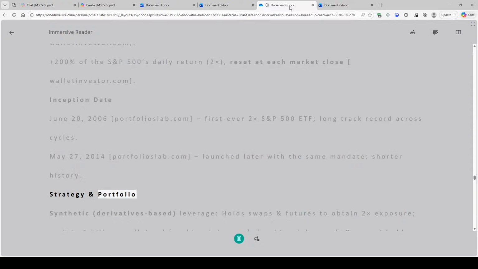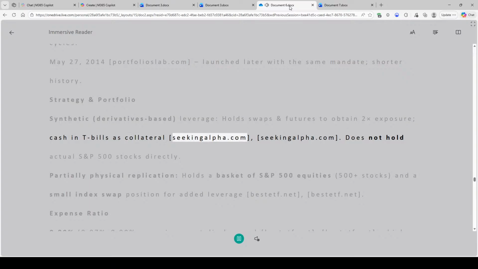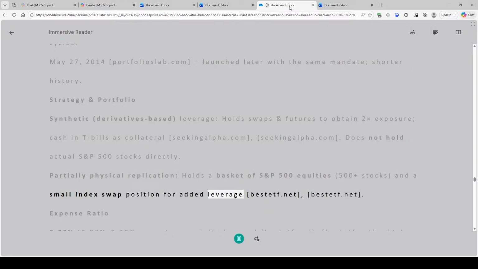Strategy and portfolio: Synthetic, derivatives-based, leverage, holds swaps and futures to obtain 2 times exposure, cash and T-bills as collateral. Does not hold actual S&P 500 stocks directly. Partially physical replication, holds a basket of S&P 500 equities, 500 plus stocks, and a small index swap position for added leverage.